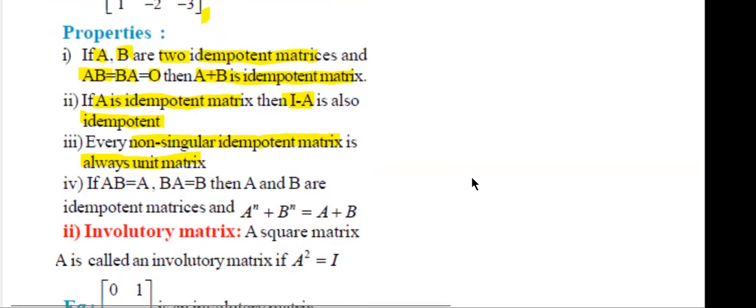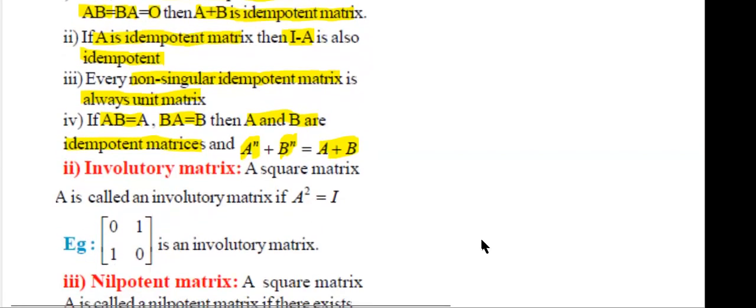Next, last point, if AB is equal to A, BA is equal to B, then A and B are idempotent matrices. Then A power n plus B power n is equal to A plus B. This condition will be satisfied when A and B are idempotent matrices, AB is equal to A, BA is equal to B.